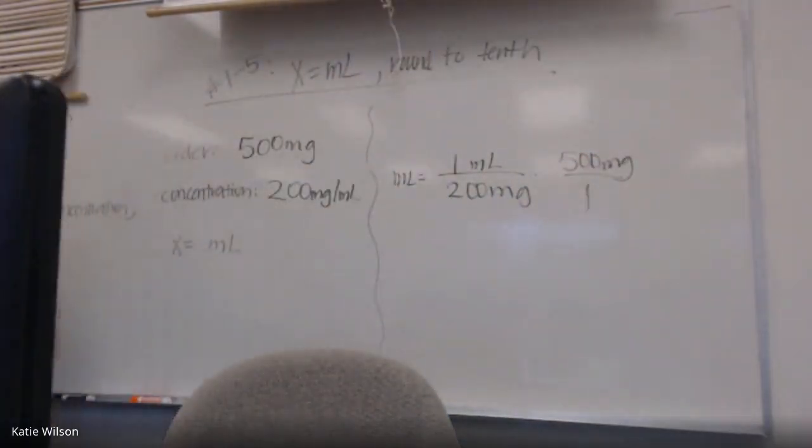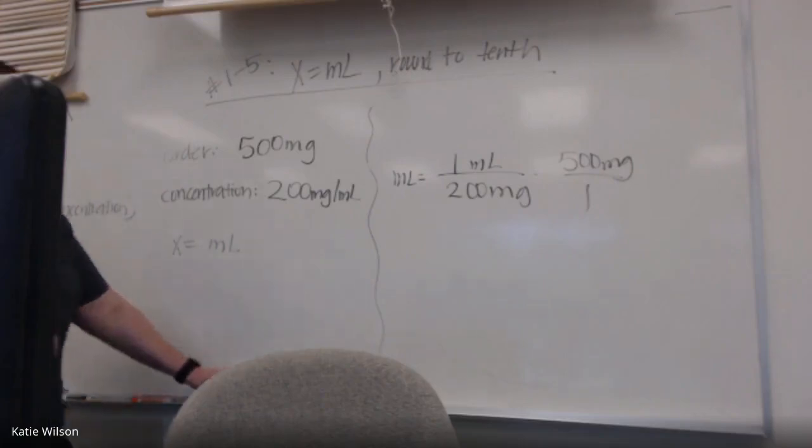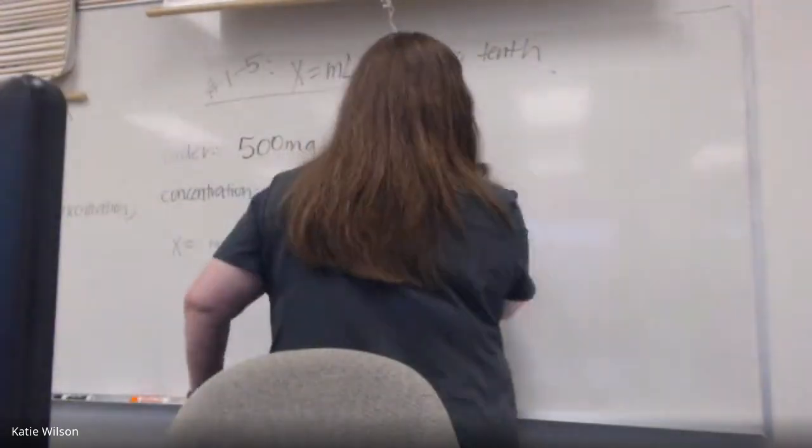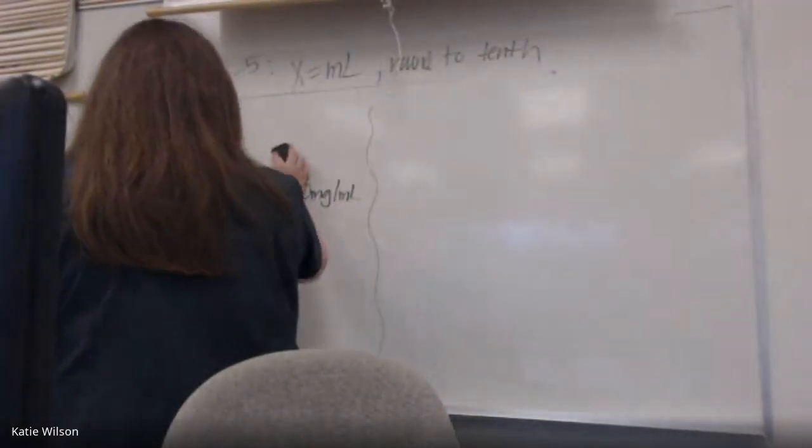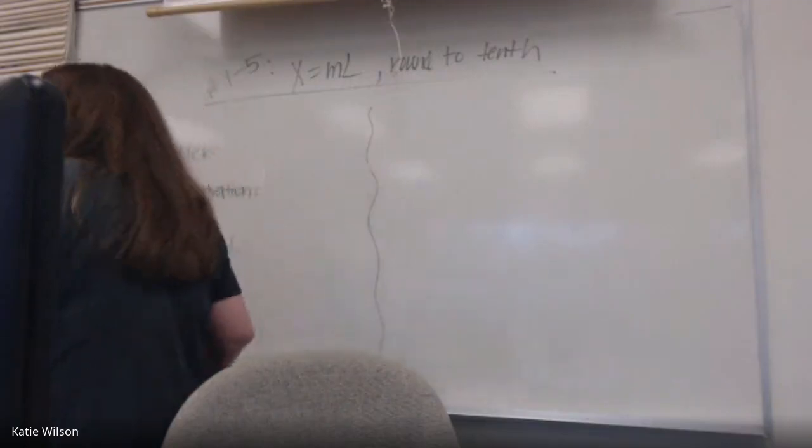And what'd you get? 2.5. And the next question is the grams and the milligrams. Okay, so they're gonna throw us a curveball. So if it's involving grams and milligrams, what can you anticipate possibly having to do? Do the conversion factor, okay? For the grams, right? Right.